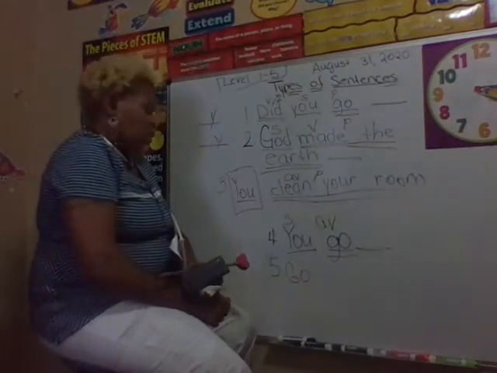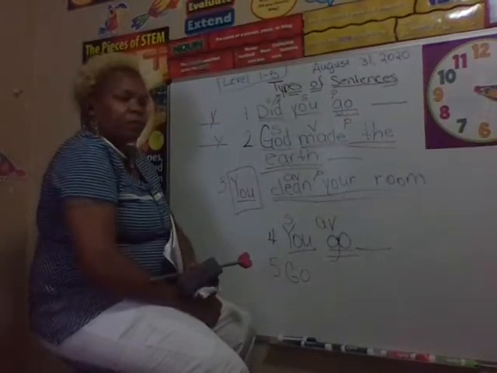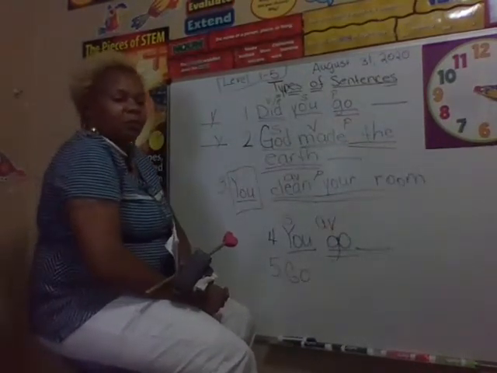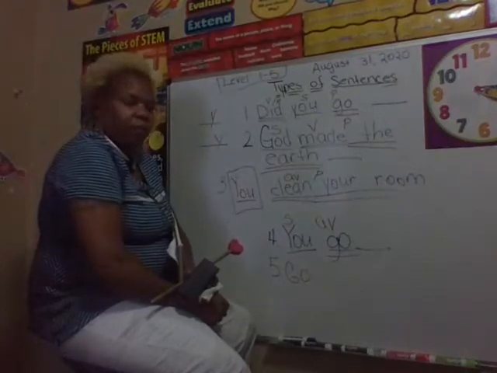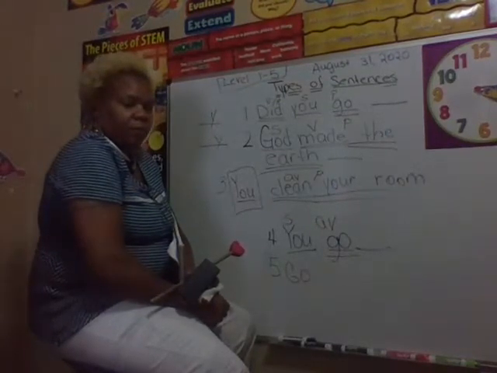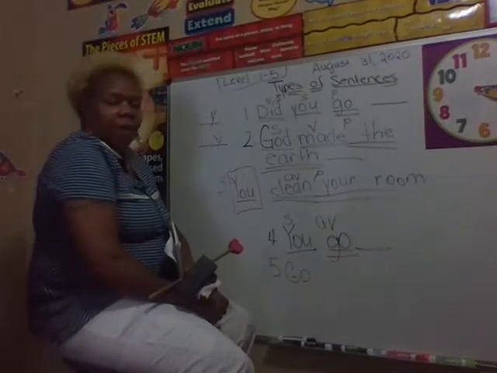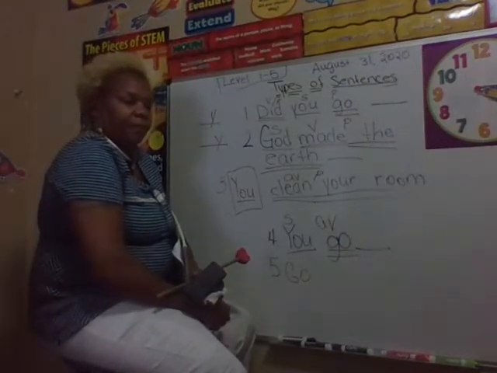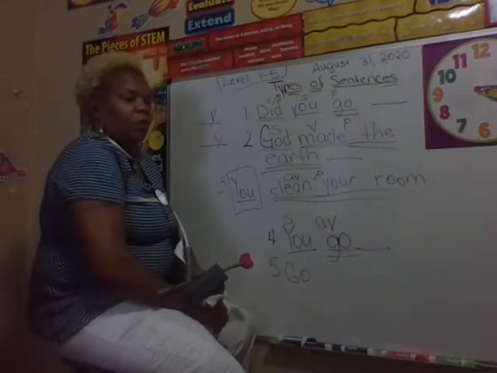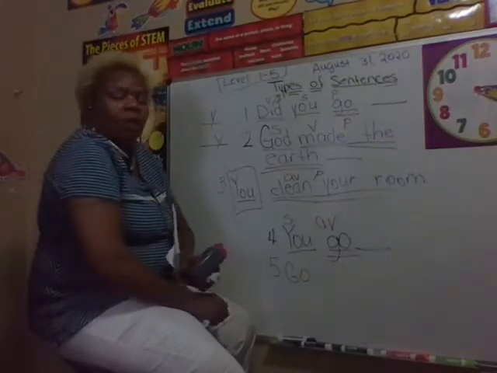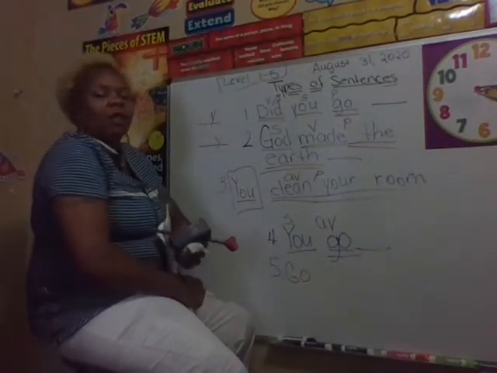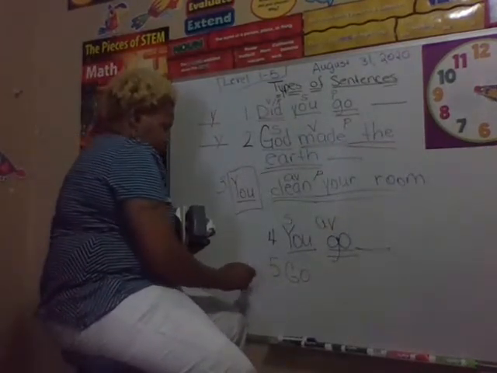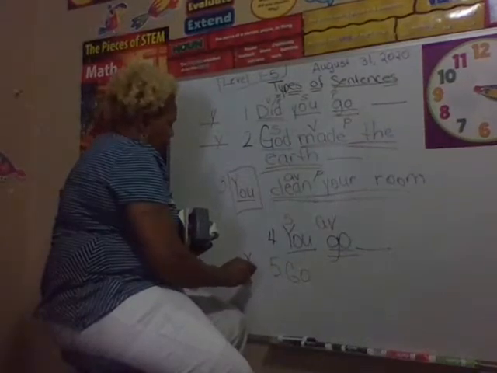So, what here would be the subject? Go. What would be the subject? But I don't see any subjects. We just talked about it. It's unidentified. So you can put you.